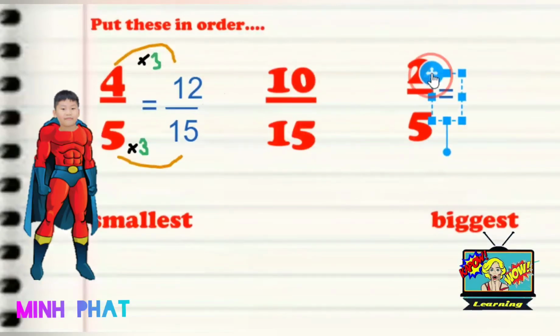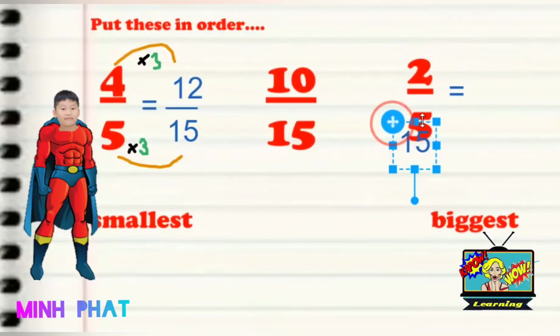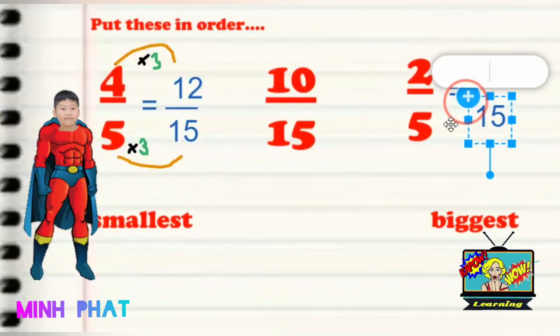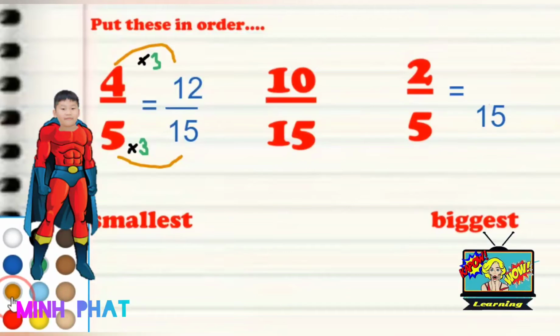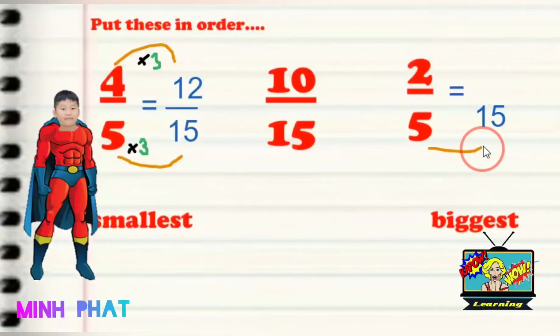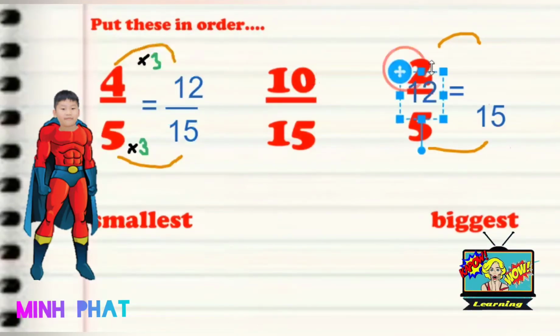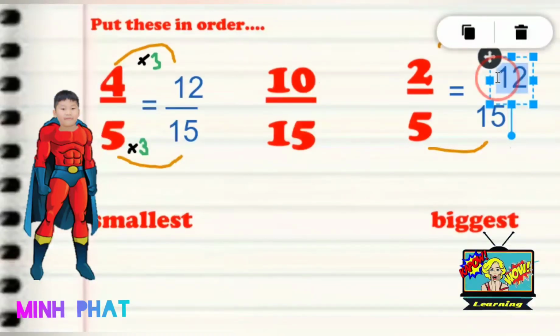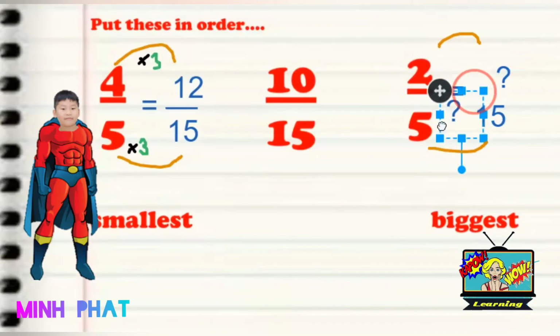We also need to turn this one into 15ths. How many 5s make 15? So what are we multiplying by? 3. Right, excellent. What you do to the top, you do to the bottom. We don't know what the new top number is, so I'm just going to put a question mark there, and put our little line underneath for the fraction.